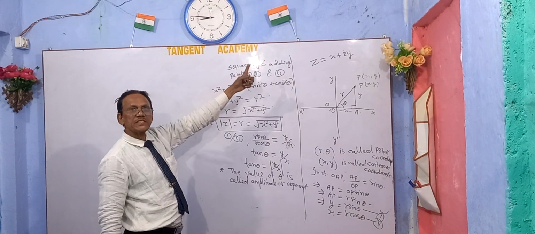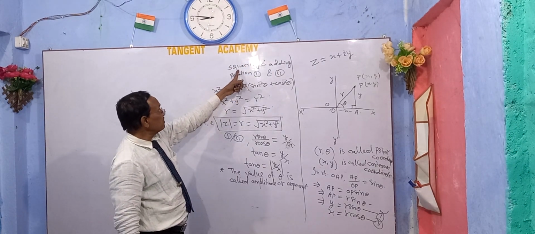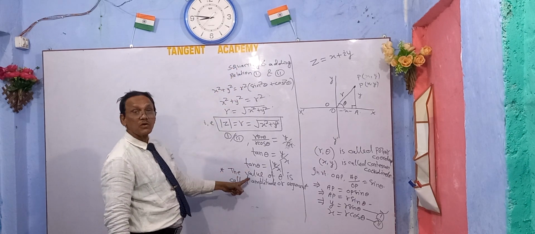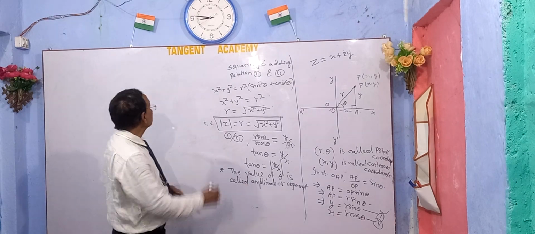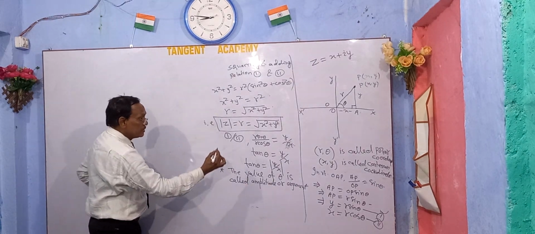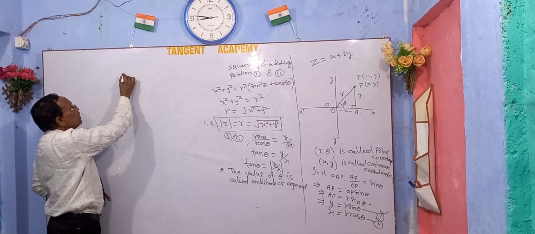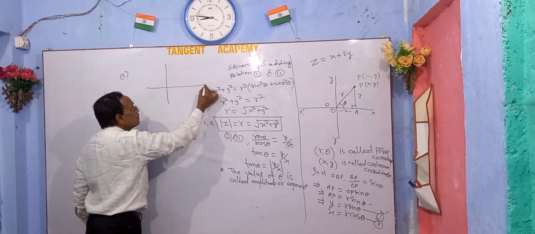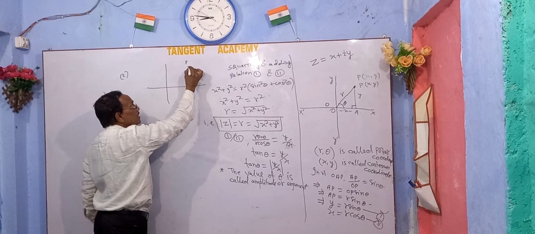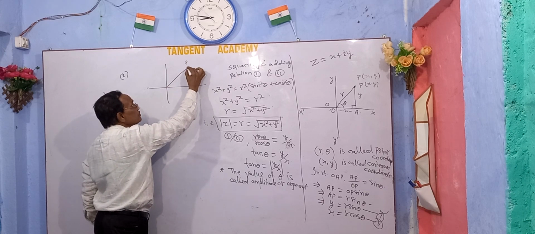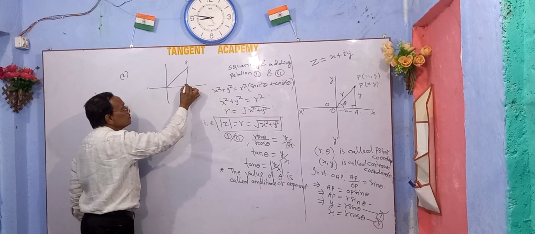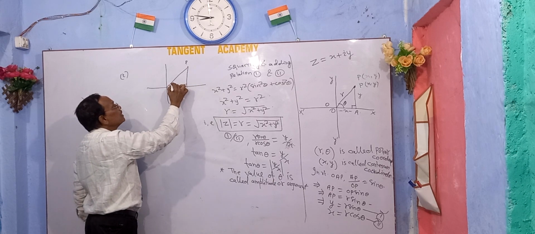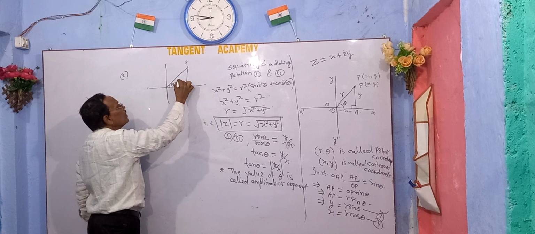Now, different cases arise when we talk about amplitude or argument. Suppose the point P xy lies in the first quadrant, and the acute angle theta will be equal to alpha.